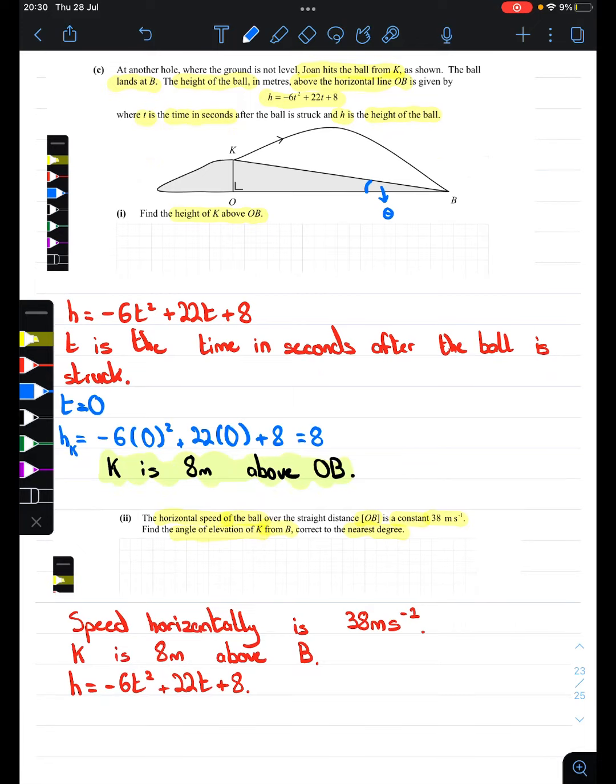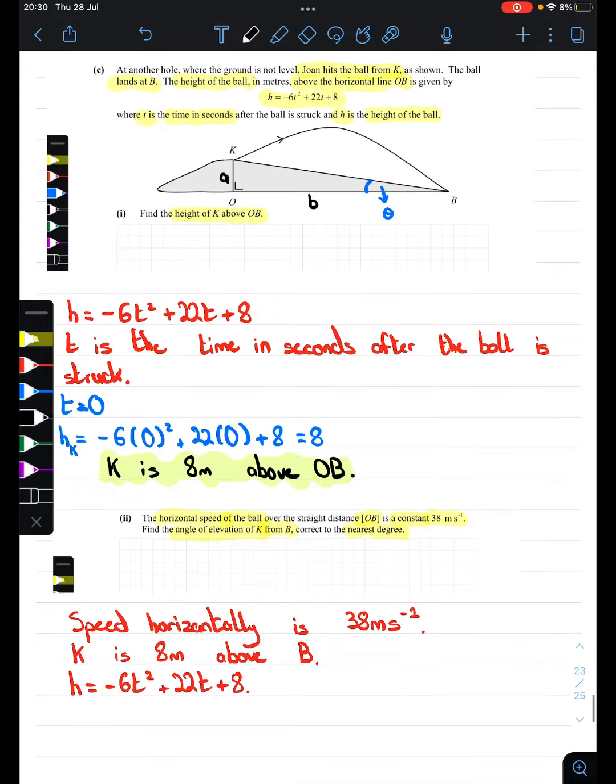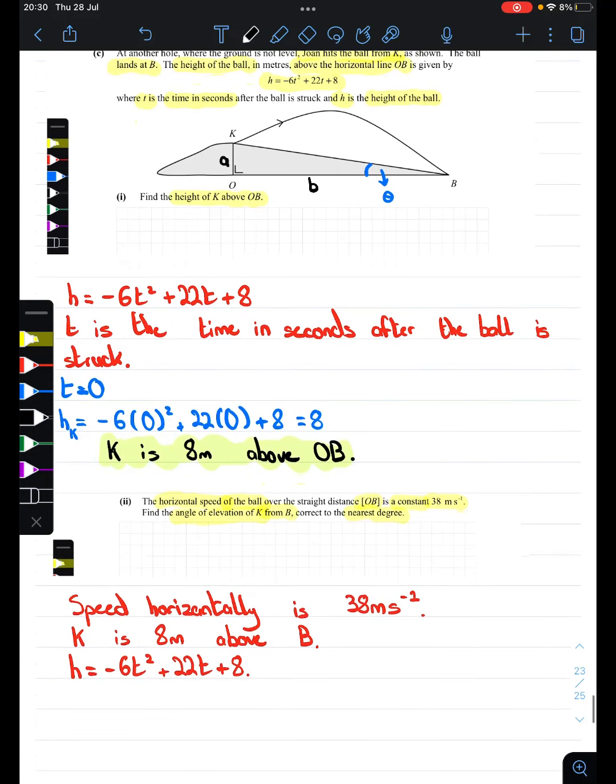We've written down what we know. We know what we need to get, our theta, but now let's figure out what we would need to get this. If we could figure out this length, and we could figure out the length B to O, then we'd be able to figure out what theta is, because this is a right angle triangle.